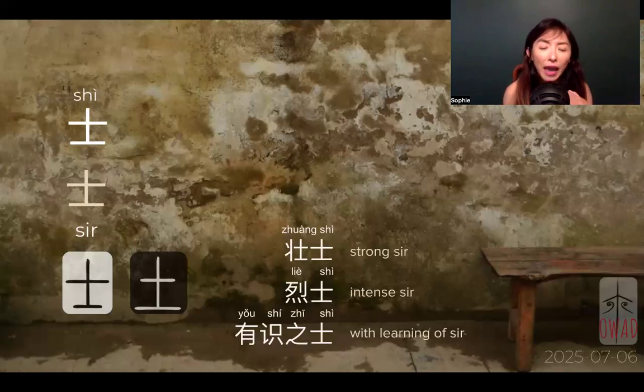A few examples of how it's used. 壮士, 壮 means strong, muscular. Okay, 壮士 simply means a fully muscular, developed man, mostly used in the context of a warrior. Like you don't want to mess with a 壮士, okay? And it's also kind of a courteous way of addressing people.